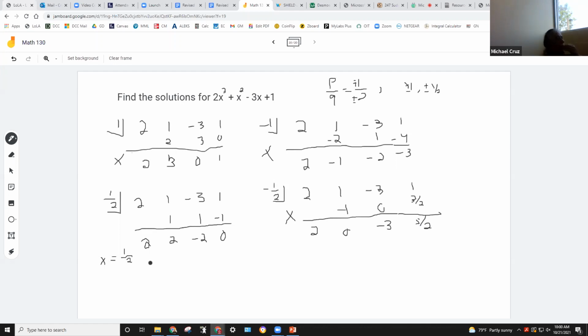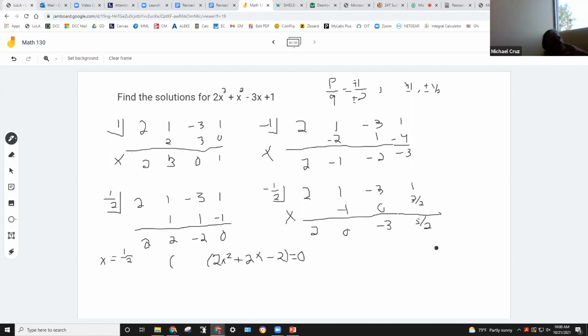All right. So now this quotient right here gives us 2x squared plus 2x and then this is x.